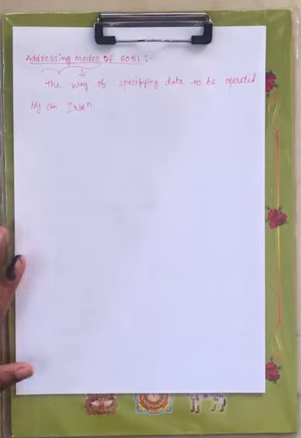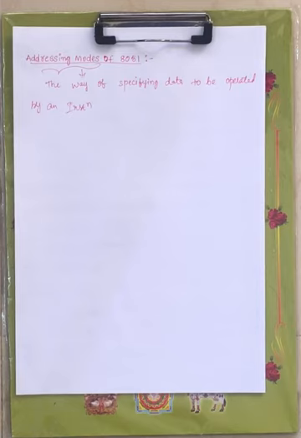This is the meaning of the addressing mode. That means we are specifying the source operand, whether it is immediate data, or data from a register, or data from a memory location, or data from the memory location which is pointed to by the register pair, right? Like that we are specifying the source operand, right?